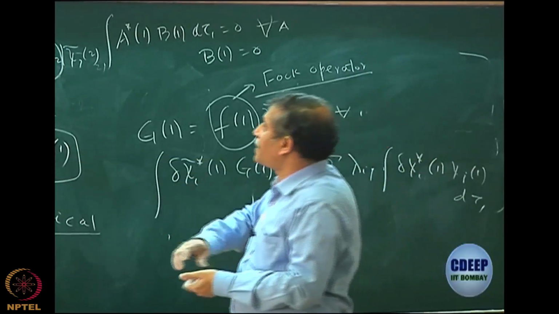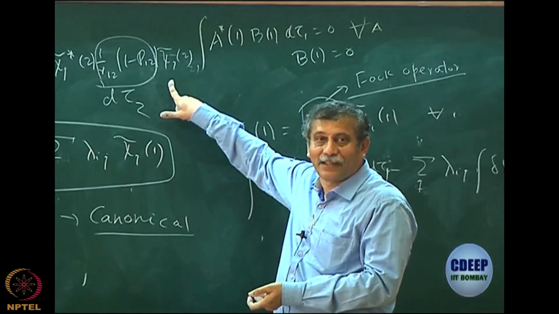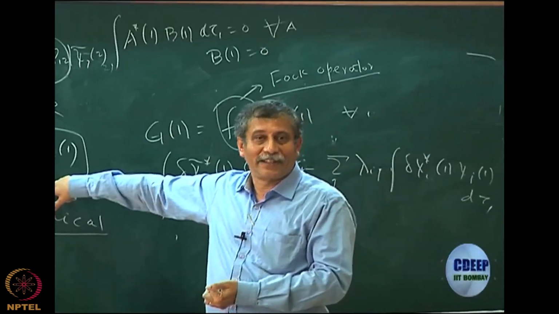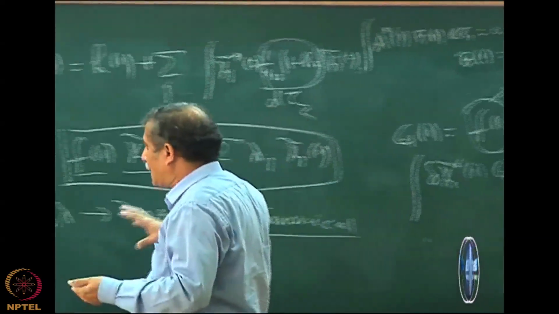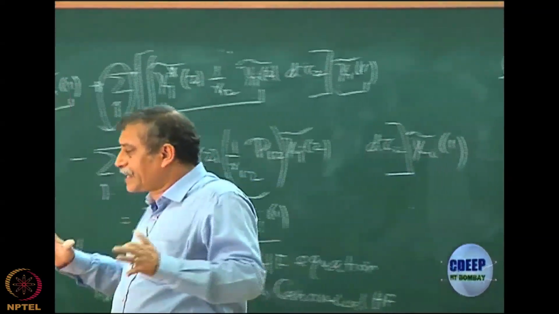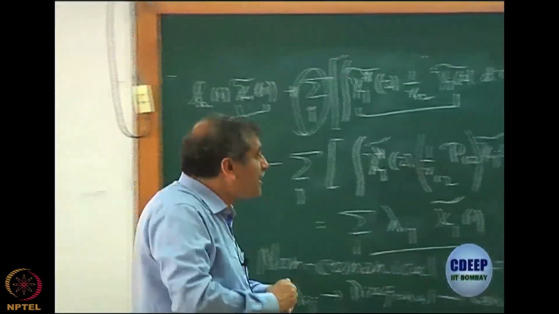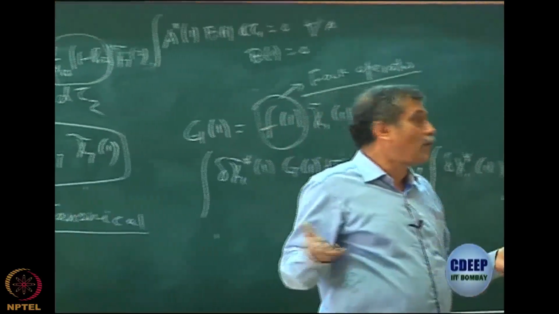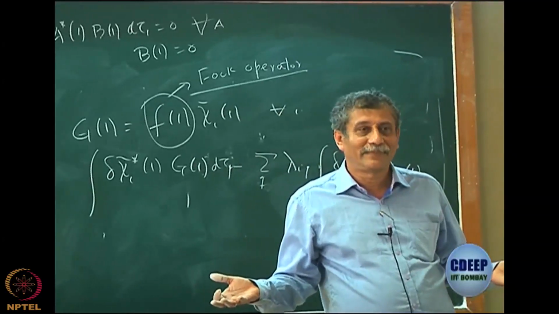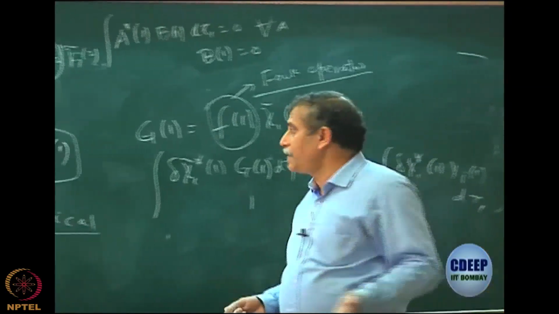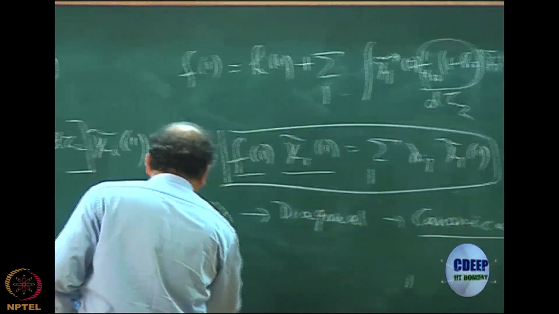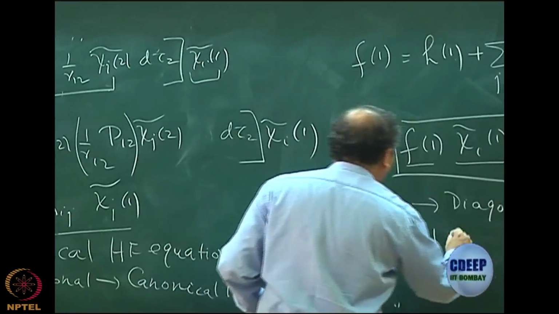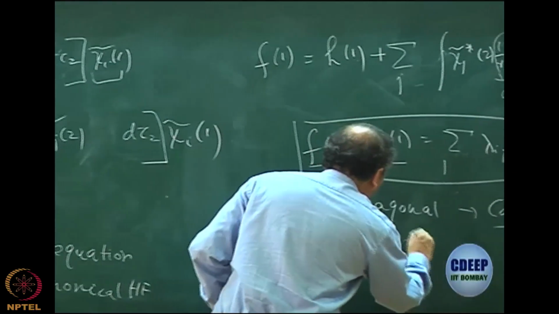The definition of the operator itself depends on this, which is supposed to be the output of this equation. So even the Hartree-Fock, which now looks like an operator eigenvalue equation, assuming this is the diagonal canonical form, is still not easy to solve because I don't have the operator form. Even the canonical Hartree-Fock equation is really not an eigenvalue equation. Many times this is called the pseudo eigenvalue equation.